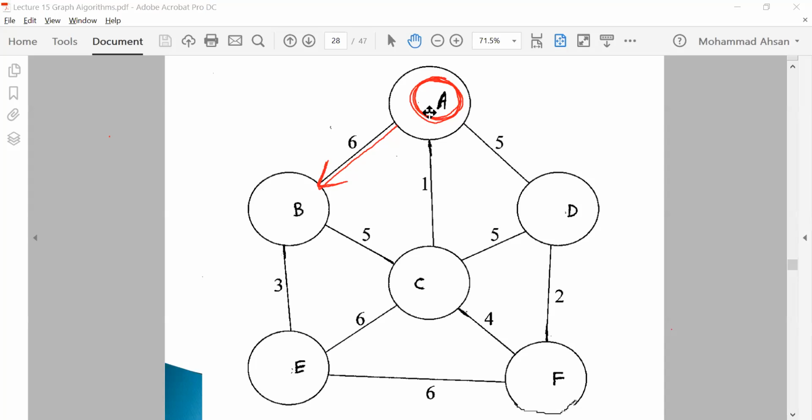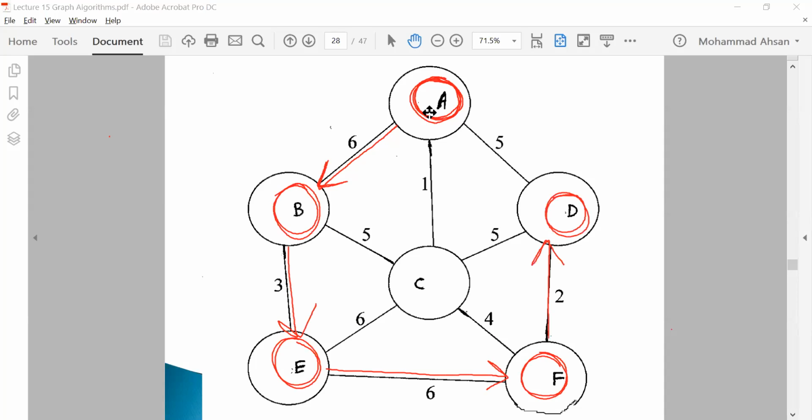You start at A, you go to the first adjacent vertex B. Marking it with a circle is marking it with gray. Then you go, let's say, to E. So this is gray. You go back to F. Then you go to D. When you check the adjacent vertices of D, all are gray. So there's nothing.